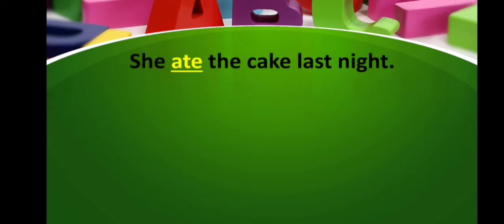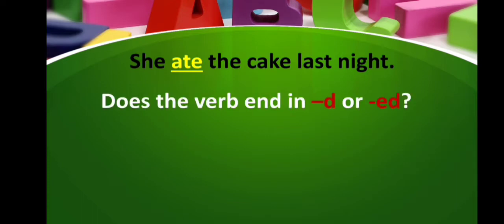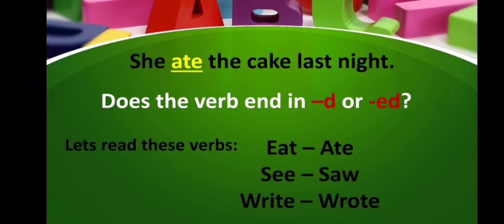The next one is, she ate the cake last night. This is the last sentence. Does the verb end in d or ed? No. That's why let's read these verbs. Eat, ate, see, saw, write, wrote.